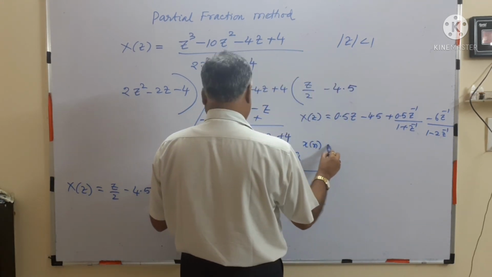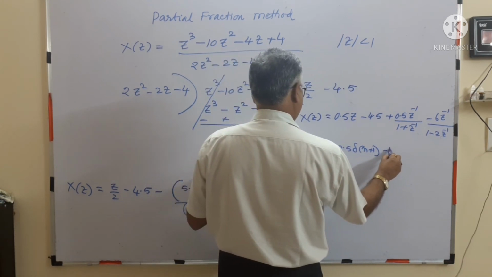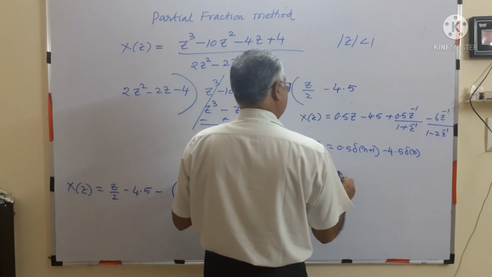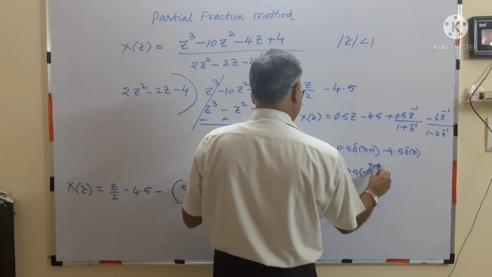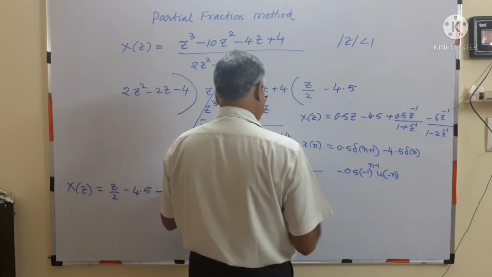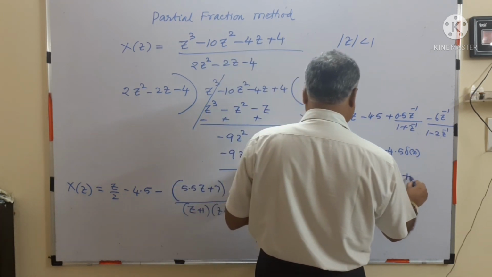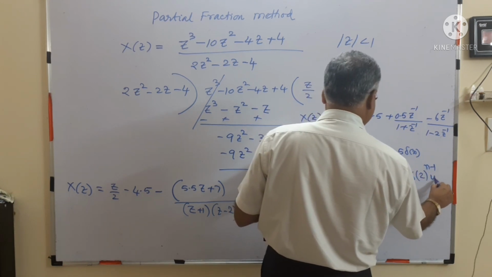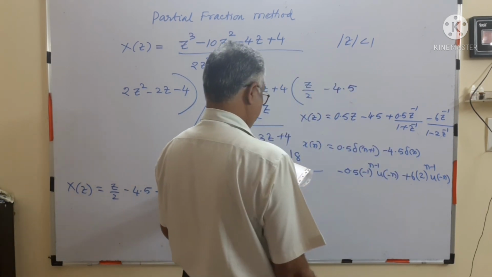So x of n equal to 0.5 delta of n plus 1, minus 4.5 delta of n, minus 0.5 into minus 1 to the power of n minus 1 u of minus n, plus 6 into 2 power n minus 1 u of minus n.